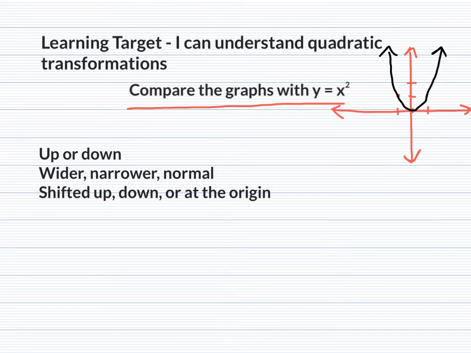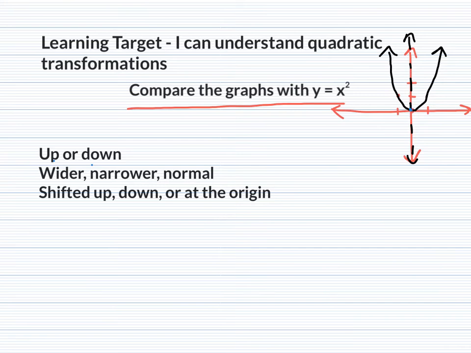Okay, the line of symmetry goes straight through there. So anytime you're asked on the test to compare, we're talking about if it's up or down, so concave up or down, so that's based on the A value in front. If it's wider, narrower, or normal, shifted up, down, or at the origin. Okay, so this one's at the origin.